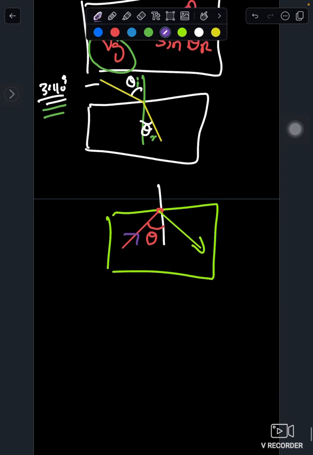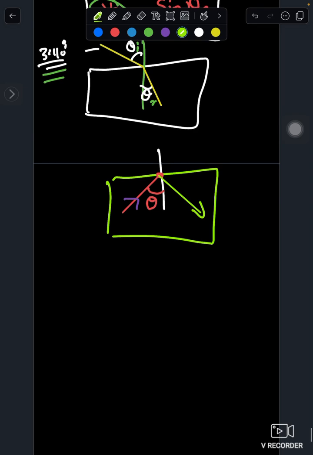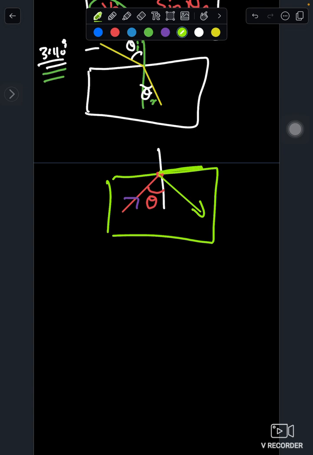So what I mean is that at the critical angle the light goes along the boundary instead of going out of that medium. Then we can say n equals 1 over sine c, where c is the critical angle.